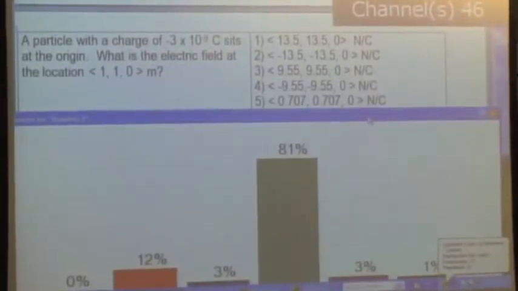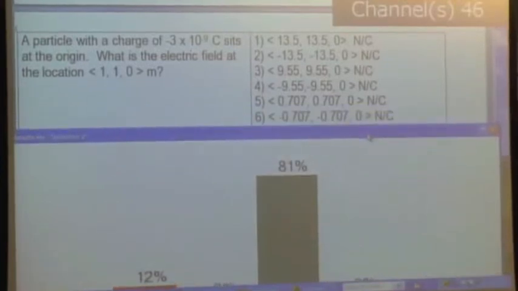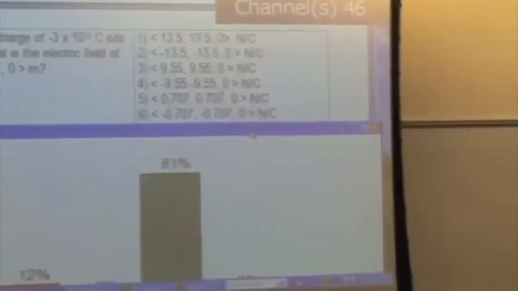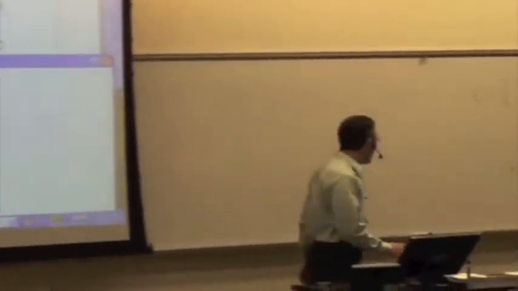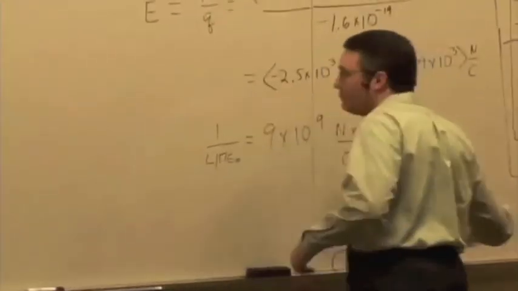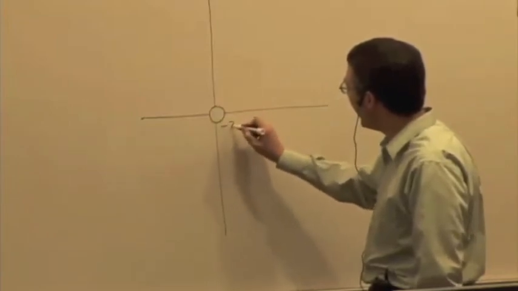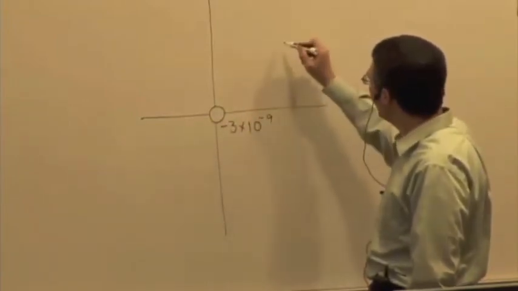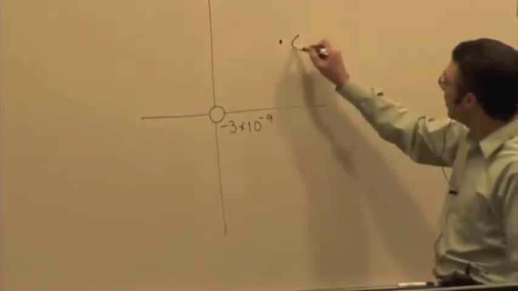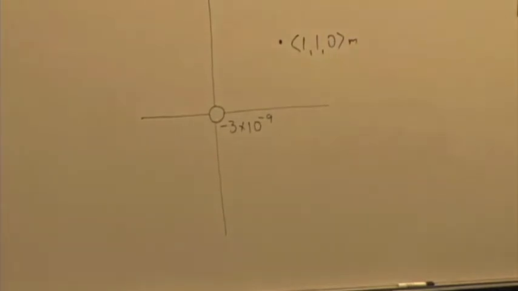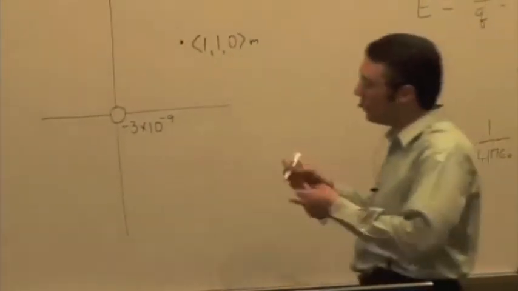Now, you could eliminate a number of possibilities right off the bat without having to do any calculations at all. Which of these just have to be incorrect? The ones with the positive values, right? Because if you draw a diagram and you place a negative charge at the origin here, so this is negative 3 times 10 to the minus 9, and your observation location is at 1, 1, 0 meters, you know if it's a negative charge, the electric field has to be pointing towards the negative charge.